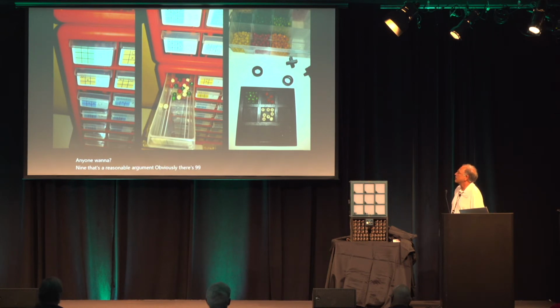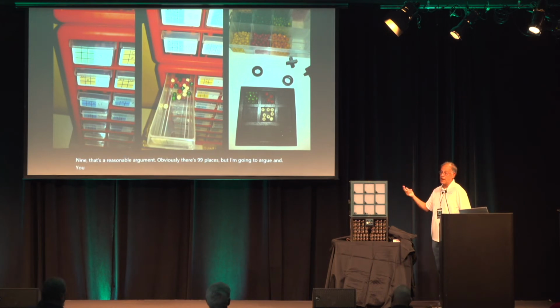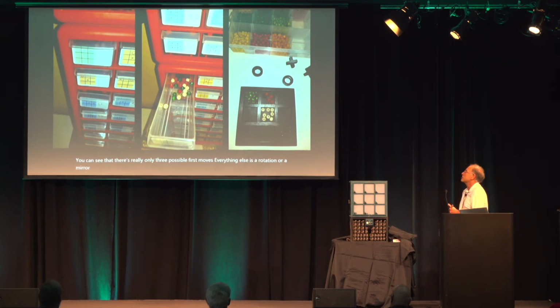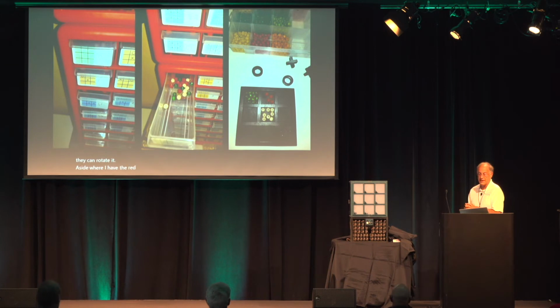But I'm going to argue, and you can, that there's really only 3 possible first moves. Everything else is a rotation or a mirror image. So the 3 possible first moves are a corner. They're all the same because I can rotate it. A side where I have the red bead, or the center, which is a white bead. Everyone good with that there's only 3?